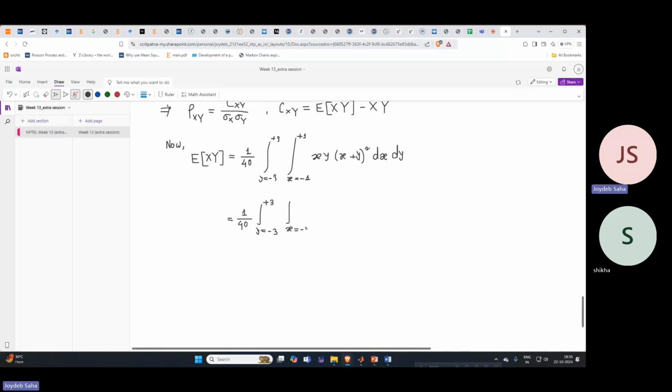X is equal to minus 1 to plus 1. This is xy, x square plus 2xy plus y square dx dy.